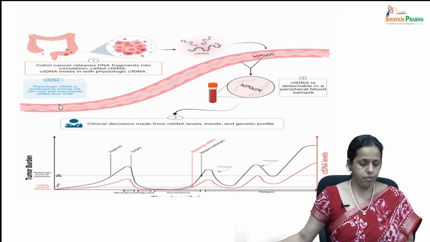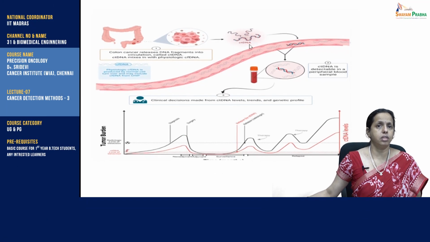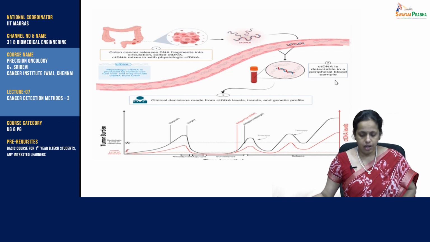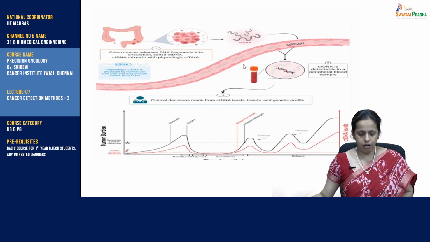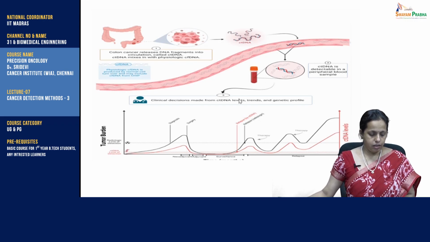The ctDNA is detectable in the peripheral blood sample. From the blood you can take the ctDNA, and then you can assess the tumor burden over time.